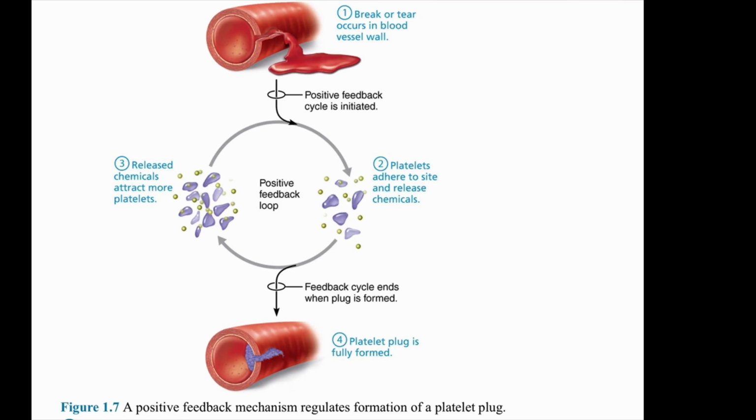Platelets, which are one of the components of blood, along with the red blood cells and the white blood cells, will adhere to the site and release chemicals, which will initiate clotting, and additional chemicals will be released, which will attract more platelets in a positive feedback loop, and the feedback cycle will end once the plug is formed, and then the bleeding will stop.